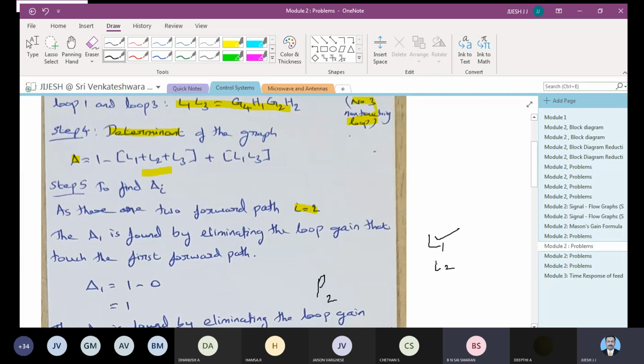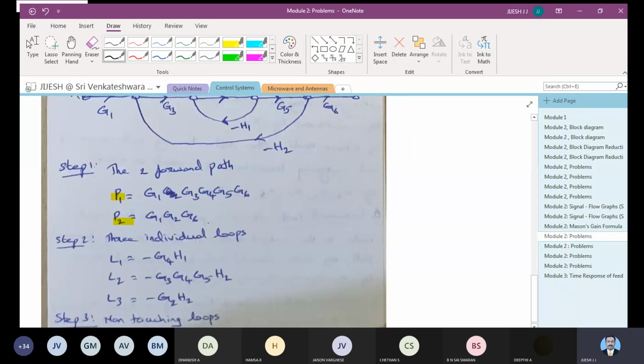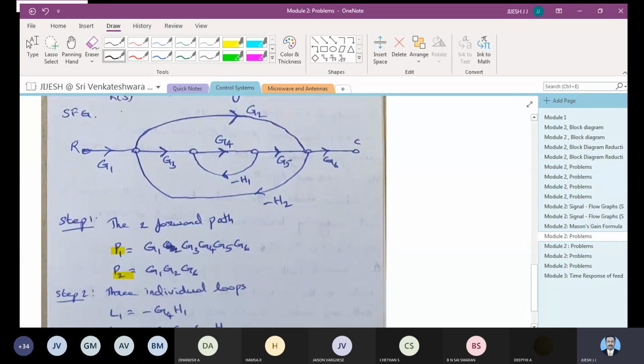What about L2? Whether it will touch path P2? See, the forward path is this way, G1, G2 and G6.